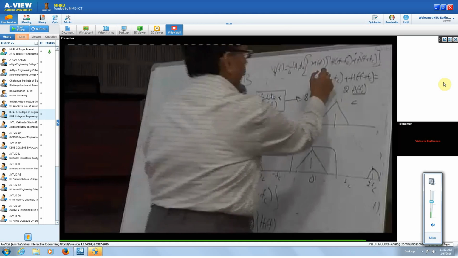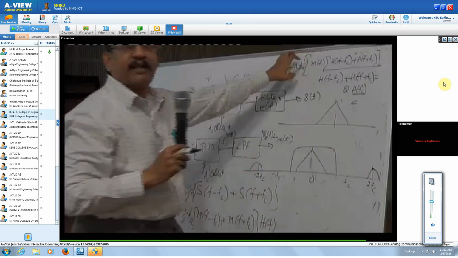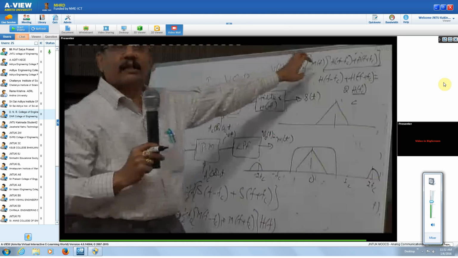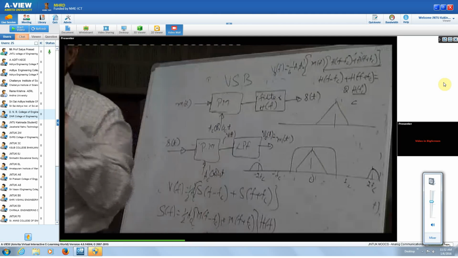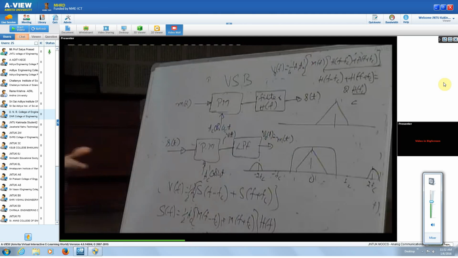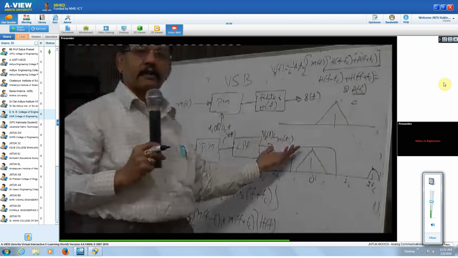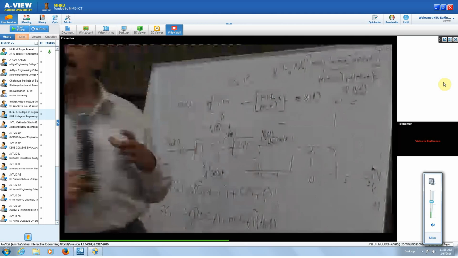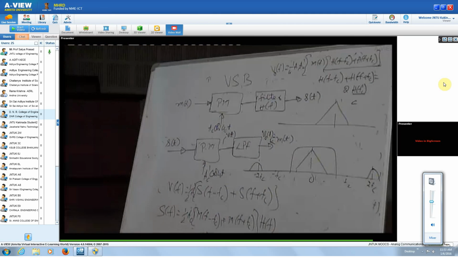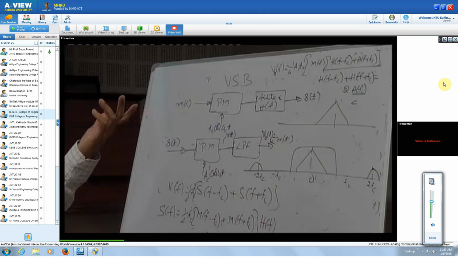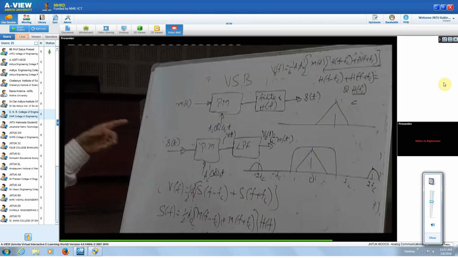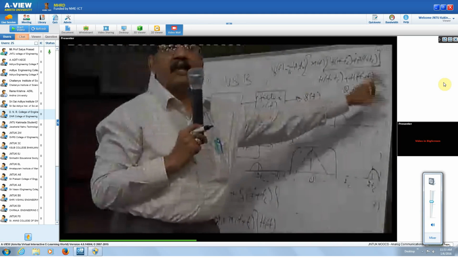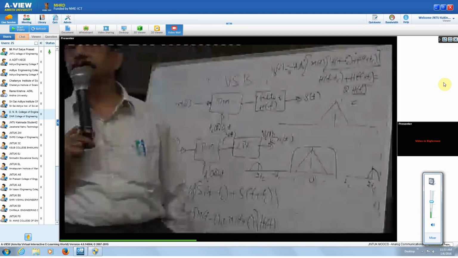Therefore, when this is constant, this is nothing but your M of f into some fixed coefficient. So the inverse of that is your M of t only. So the output is some k times M of t. So are we getting the signal or not? Provided this is a constant.